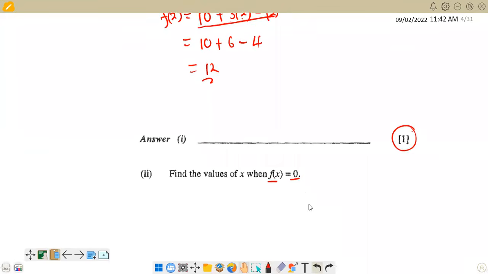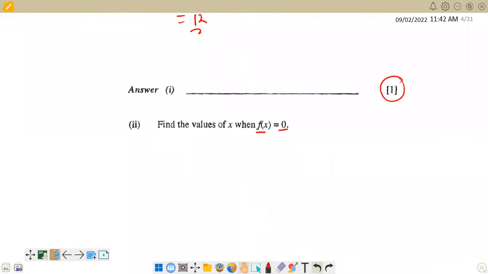So that means here we are going to have our f of x, which we said is 10 plus 3x minus x squared. That is our f of x in this case. We equate this one to 0. So it's now an equation, and you know that for an equation you have to solve for the unknown.